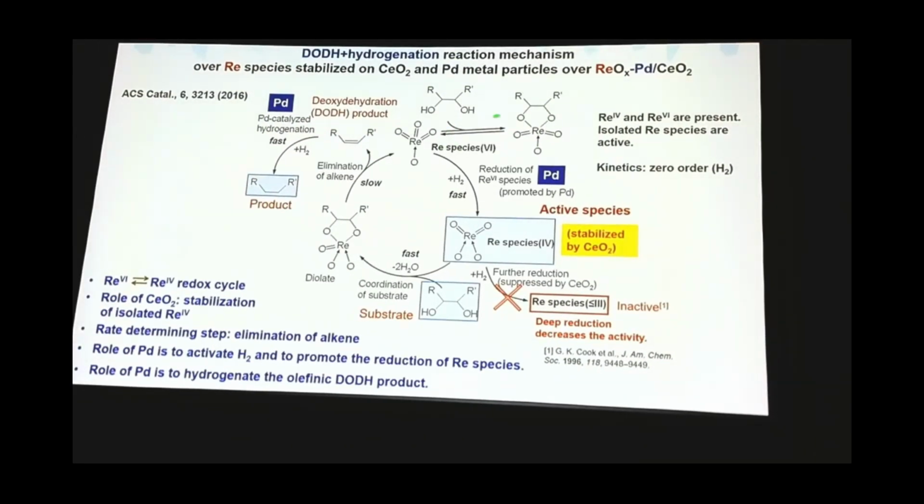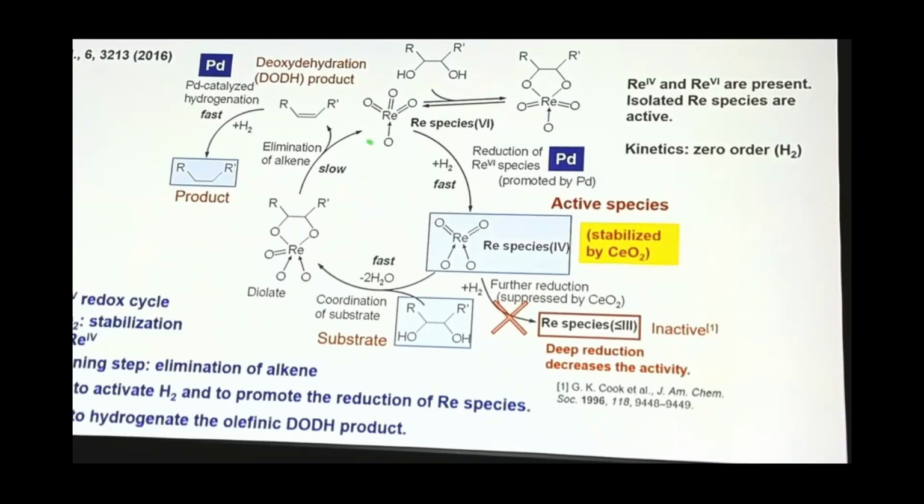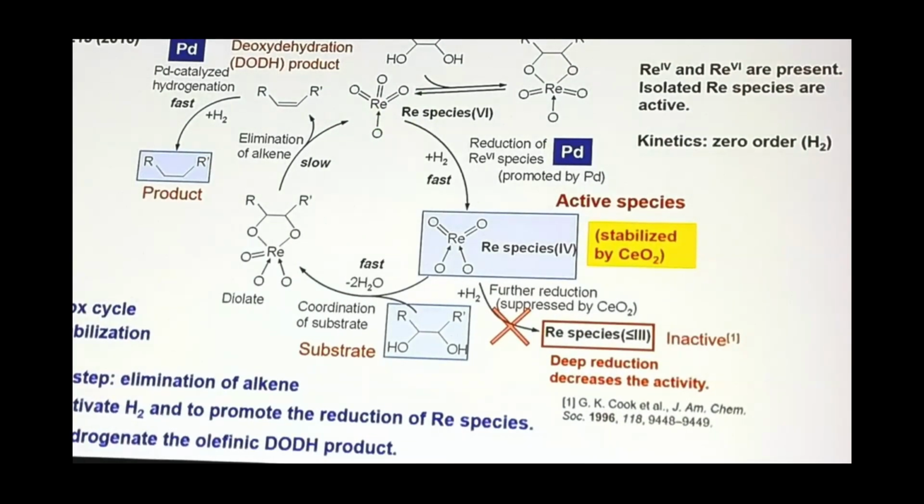At first, we start with rhenium 7+, but rhenium 6+ is formed by the reduction by hydrogen spillover, as I mentioned later.